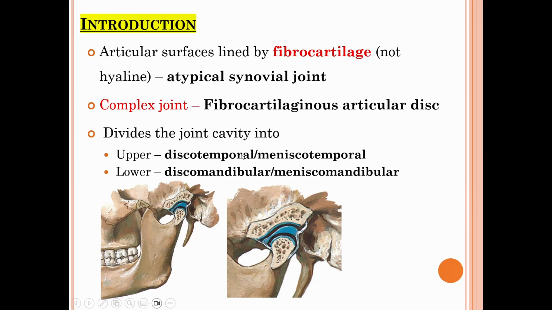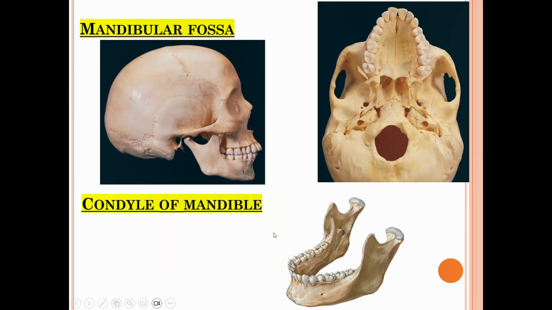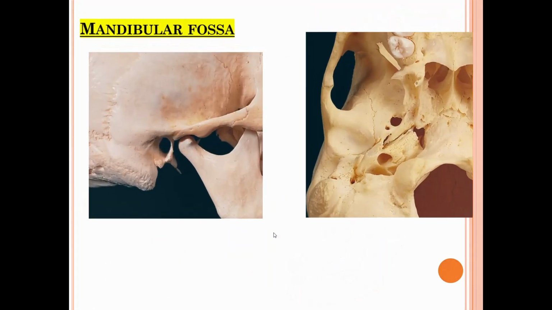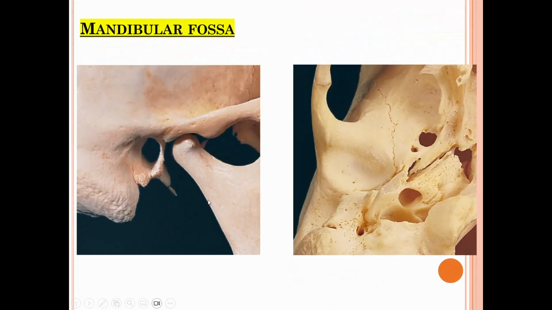Disc means the fibrocartilaginous articular disc, or the same word we can use as menisci. Discotemporal or meniscotemporal is the upper cavity and the lower cavity is discomandibular or meniscomandibular, and this is the whole joint.